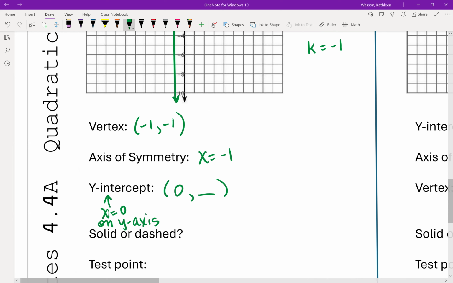So I'll substitute 0 for x in the inequality that I'm given. Since I'm solving for an exact point, and I'm not shading answers, when I solve this, I'm going to solve the equation.